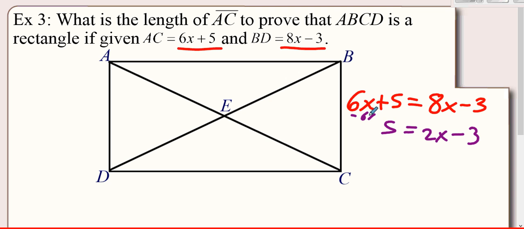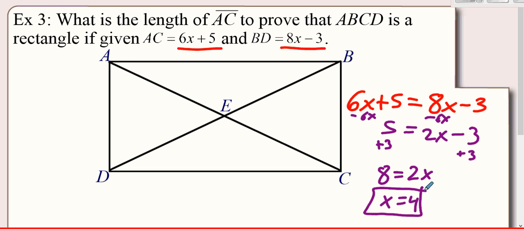So if you subtract 6x from both sides, you get 2x. And then we'll add 3. Which means x equals 4.